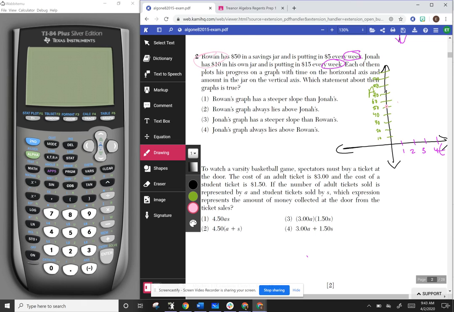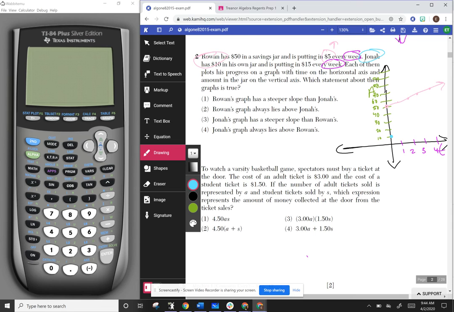So we have 5, 10, 15, 20, and that's about all I can get. So that's approximately what Rowan's is going to look like. Going up 5. And I'll do Jonah in blue. He's going to start down at 10.